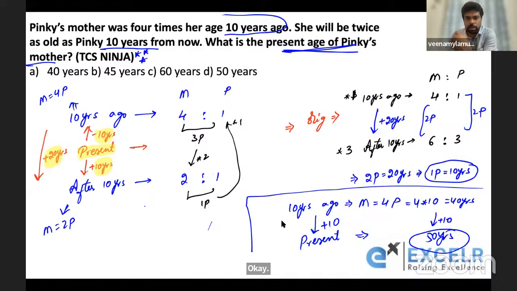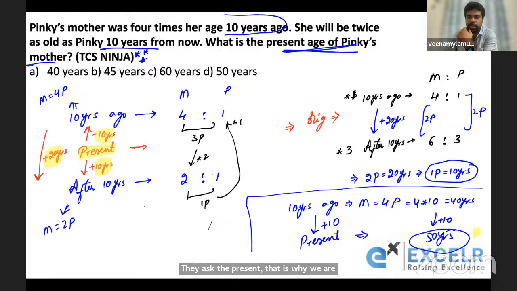Lokesh, what is your doubt? Sir, is my answer reaching you? Lokesh, 50 is correct. They asked percentage. That is why we are doing percentage.